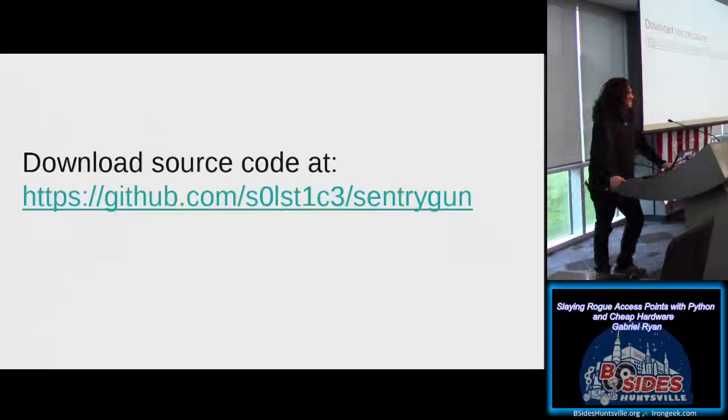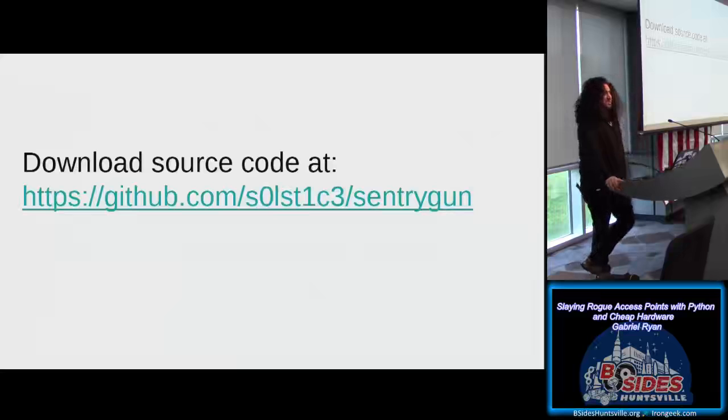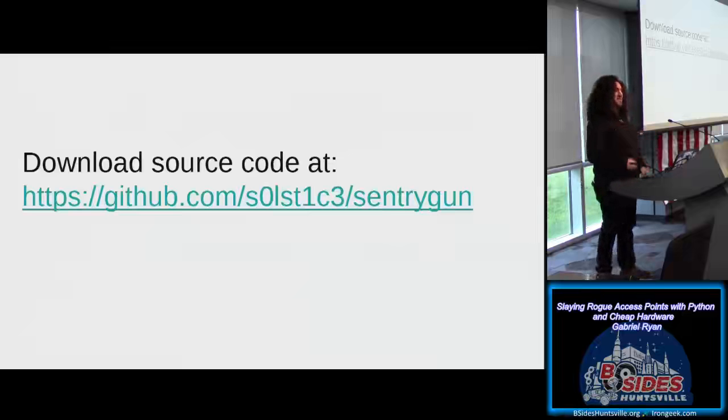Anything else? Any more questions? What's up? Any way to tie into a Cisco controller to automate that process? Probably, yeah. I'm thinking there's probably an API with Cisco or something like that, and you could probably find some way to hook it into that.